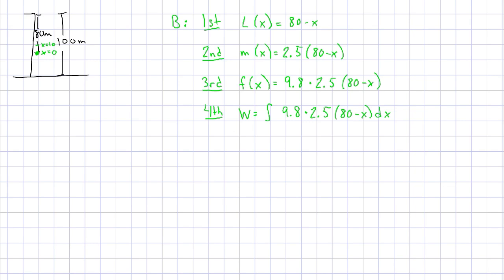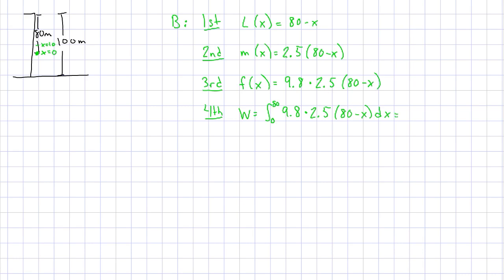When the person at the top of the building first starts to pull the rope, the distance from my location, this floating platform, to the end of the rope is 0. I am exactly at the end of the rope. As it moves away from me, they carry it all the way to the top of the building. And when it's all gone, the end of the rope will be 80 meters away at the top of the building. So that's how you determine the limits of integration.